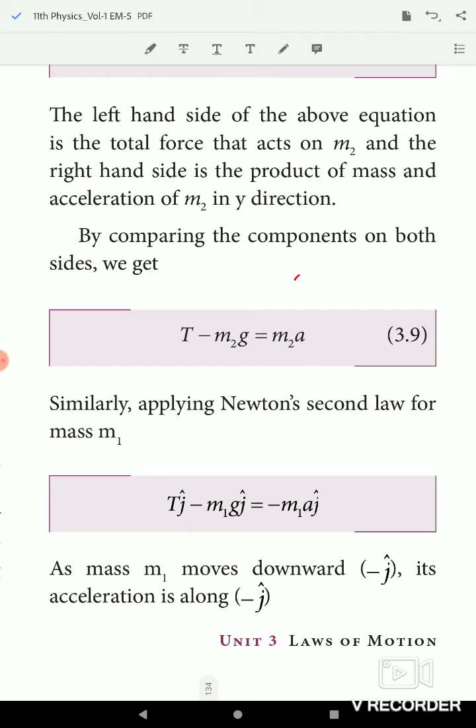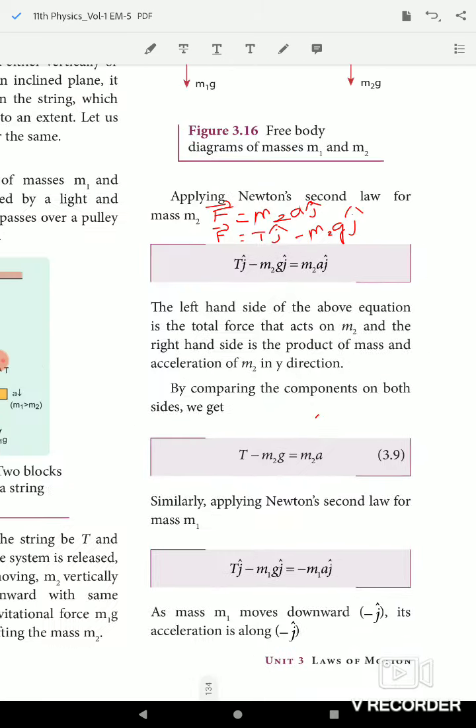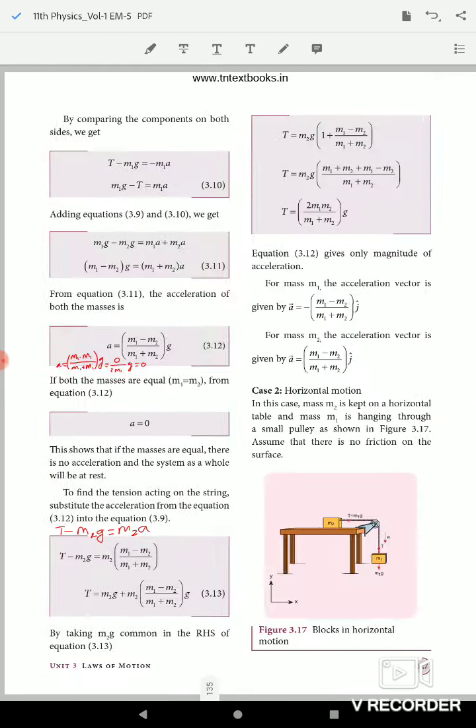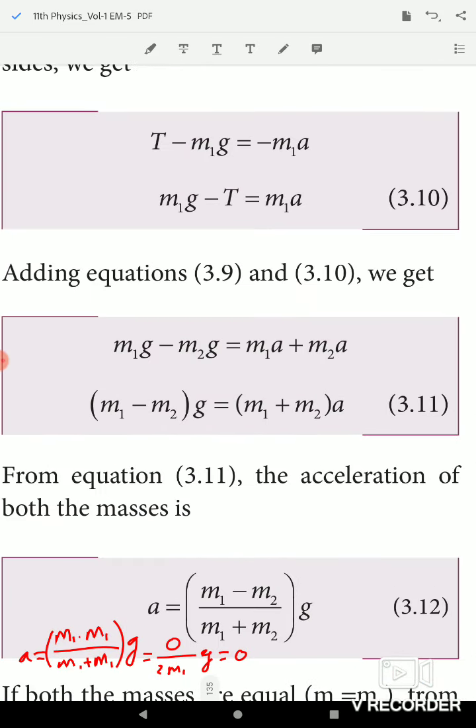Downward is the minus y direction, so you write a minus sign, and upward is the positive y direction, so you put a positive sign. The j caps cancel on both sides, so T minus M1g equals minus M1a. Rewriting this equation, you get M1g minus T equals M1a.